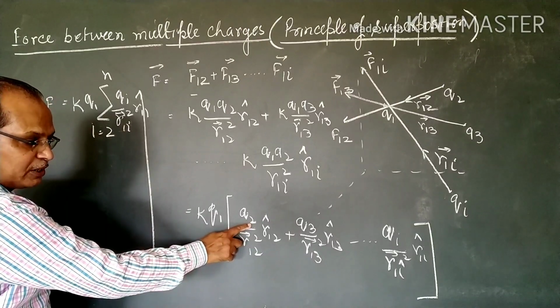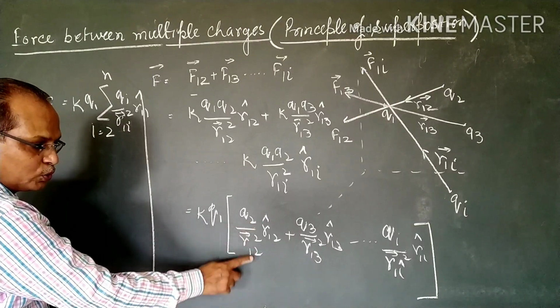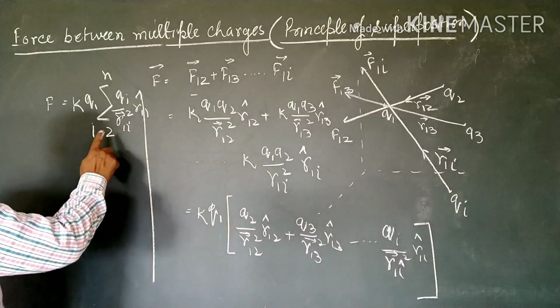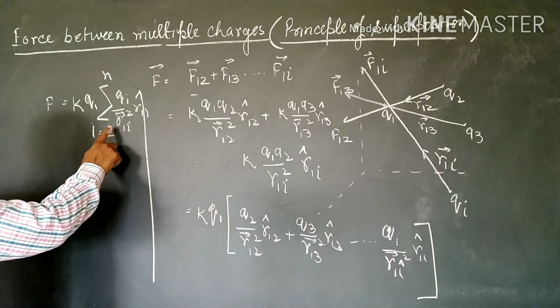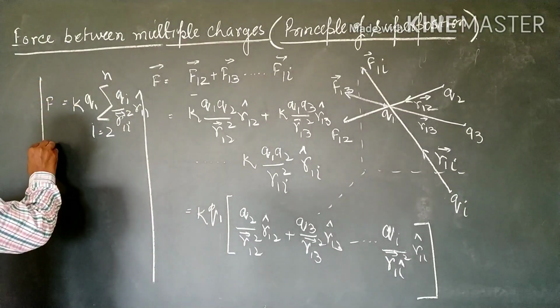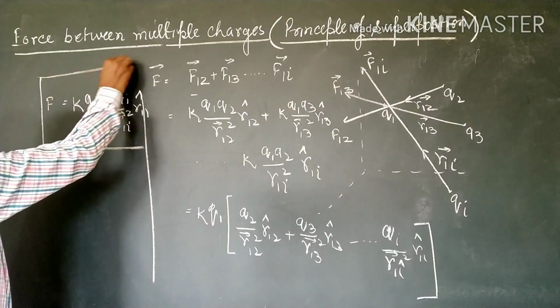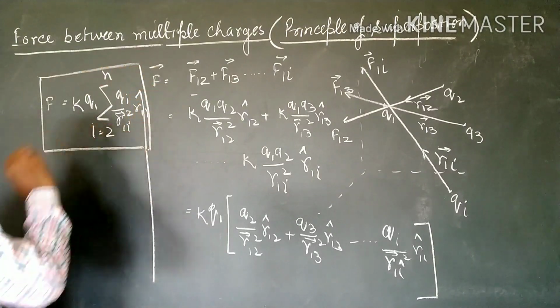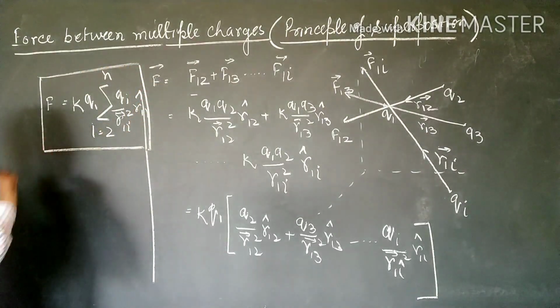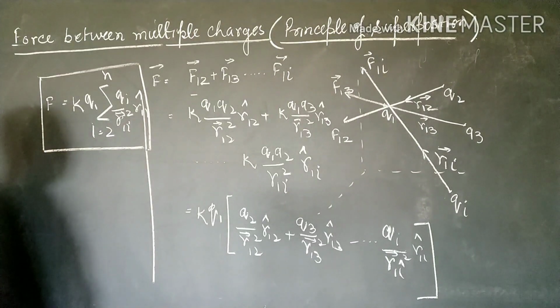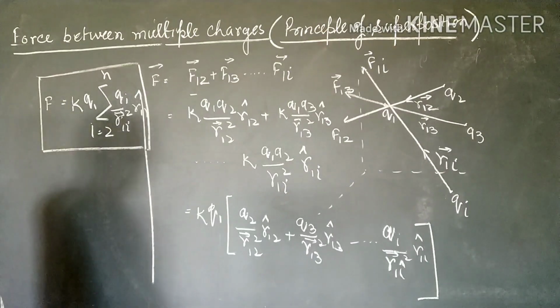For the first number i is equal to 2. So, the general expression for the force on any charge in the system of charges will be represented by this expression. This is also called principle of superposition.